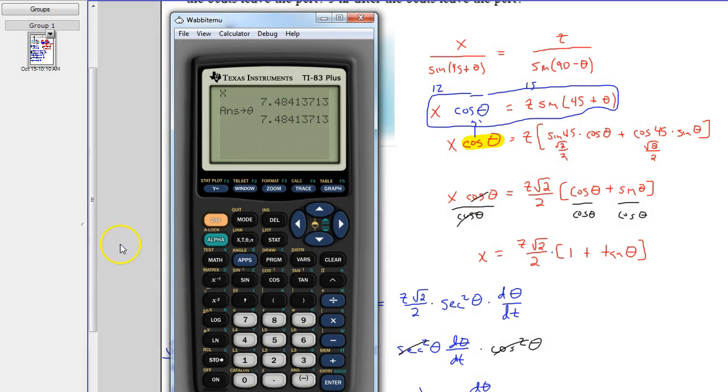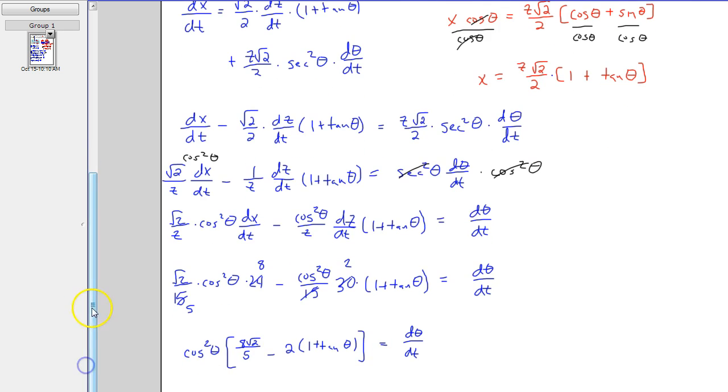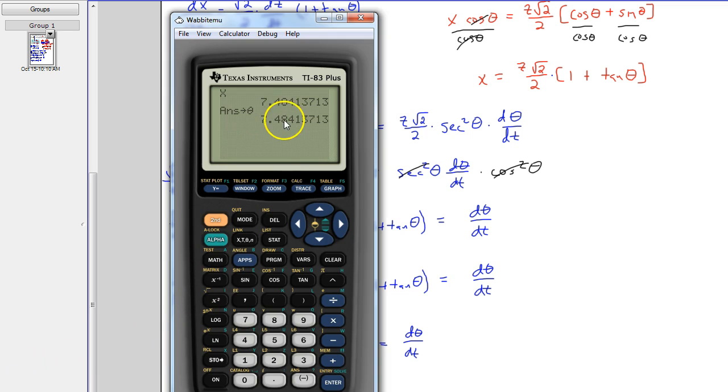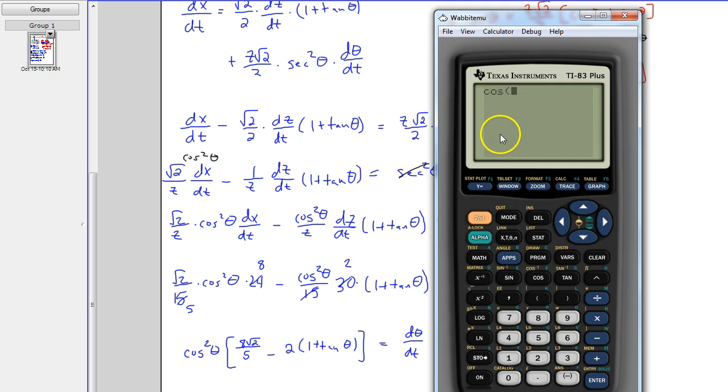Okay, and now I'm ready to do the last part. d theta/dt, I'm going to plug this expression into the calculator, and now everywhere I hit theta, the calculator is going to put that angle right there for it. When it's time to call this variable, the theta, you just press alpha 3 just like we did before.